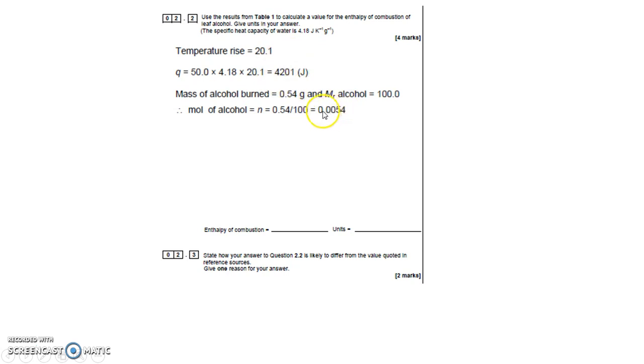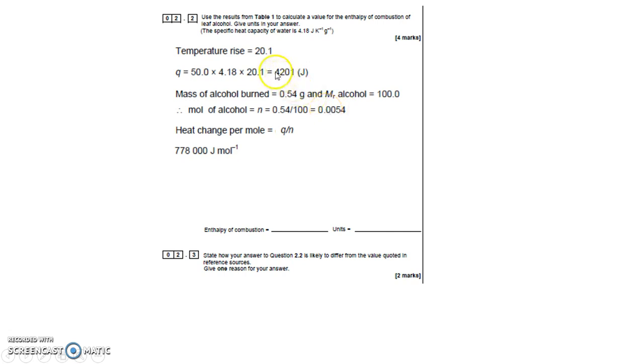How do I scale up? Well, I take that number and do 1 divided by that. So 1 divided by 0.0054 gives me a number to scale up by. 1 divided by 0.0054 multiplied by 4201 will give me the amount of heat change if I had 1 mole. Let's just check my calculation again.